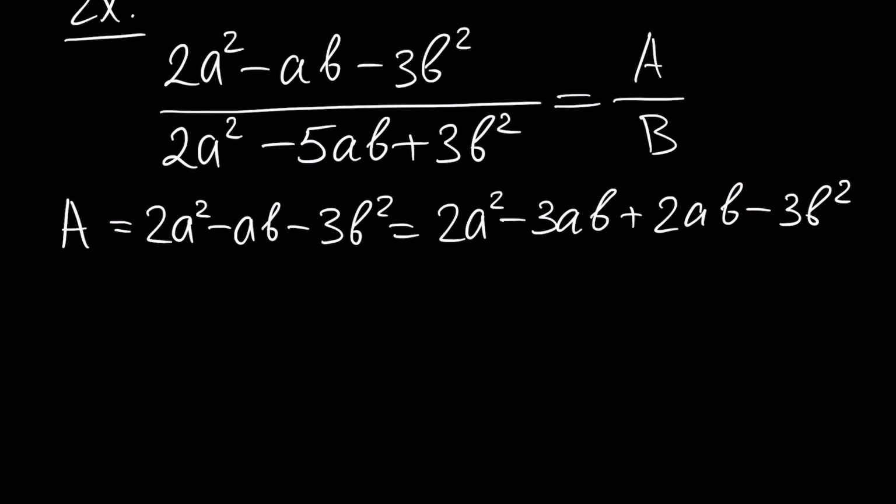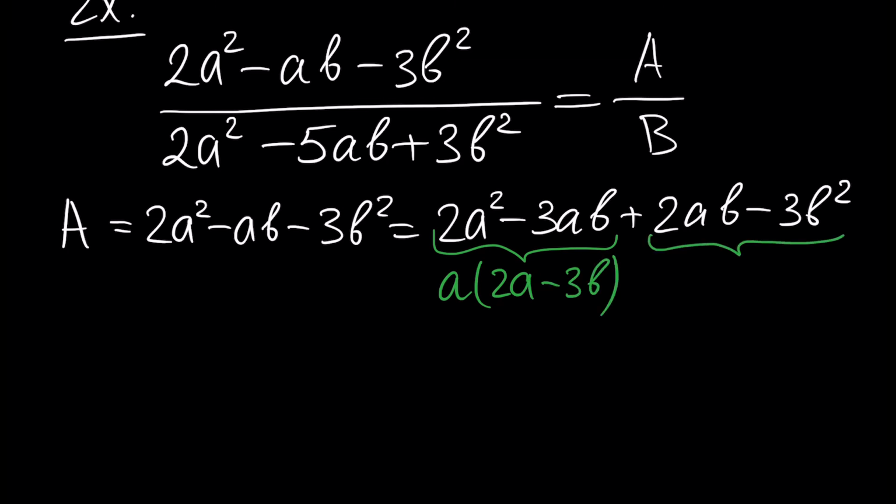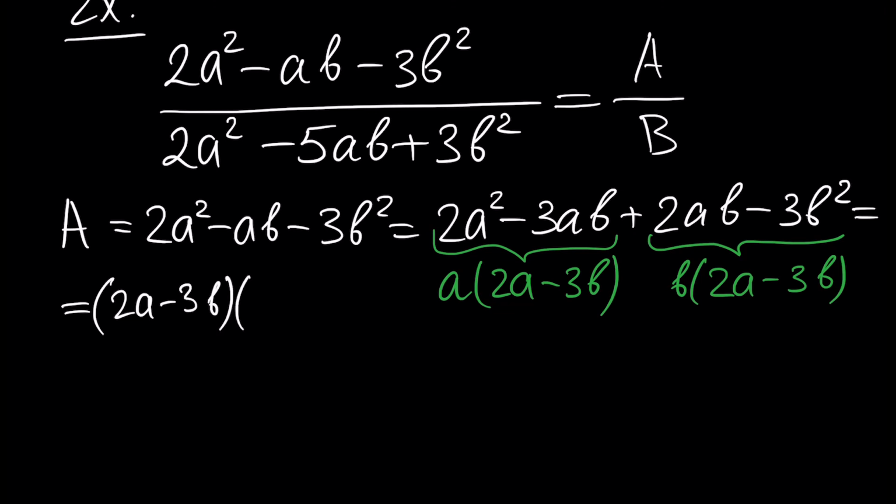Next, we write these two terms as a times 2a minus 3b. And these two terms can be written as b times 2a minus 3b. And that's why our polynomial A can be written as 2a minus 3b times a plus b. So we finished with the numerator of our fraction.